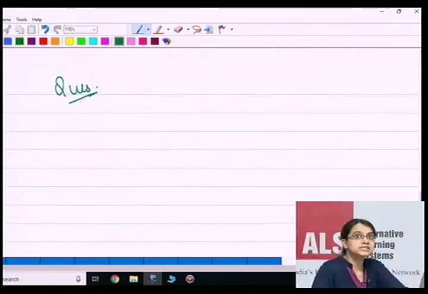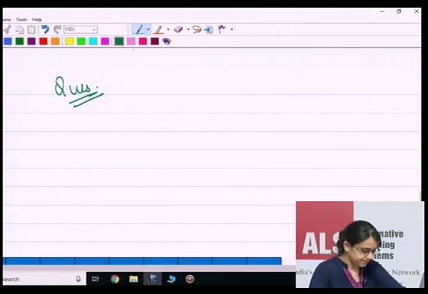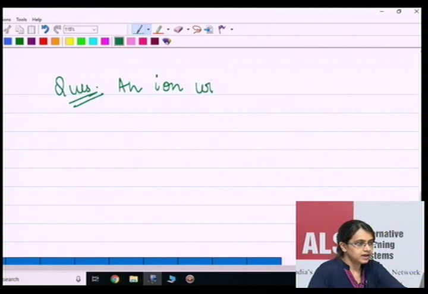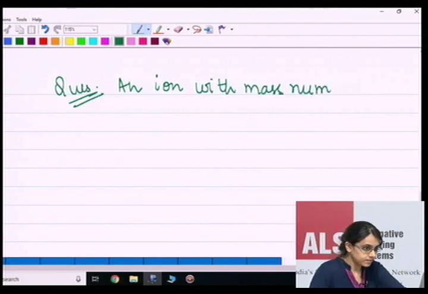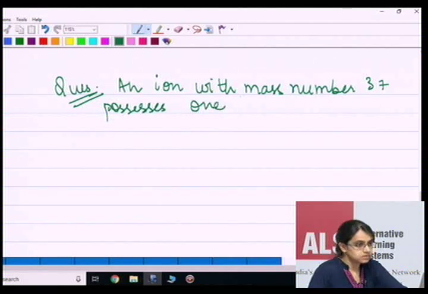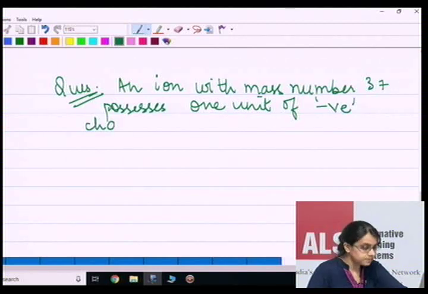So the next question, similar to this one, just to ensure that you have understood. An ion with mass number 37 possesses 1 unit of negative charge.